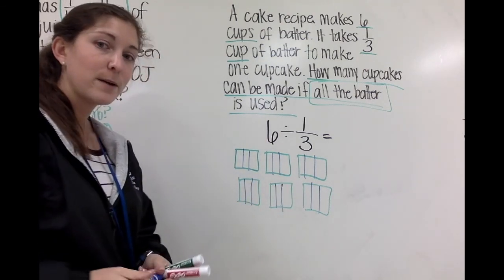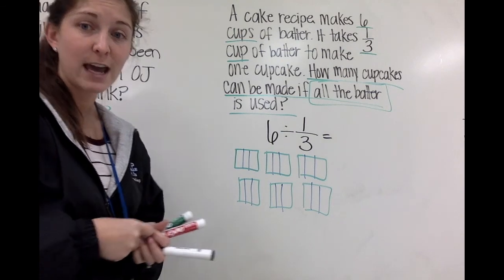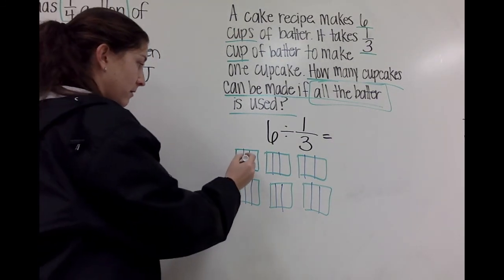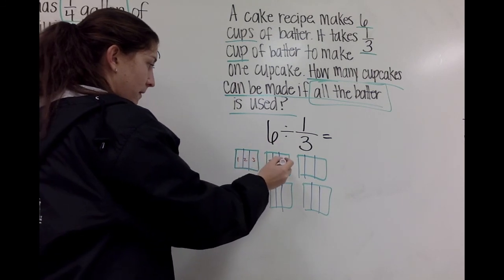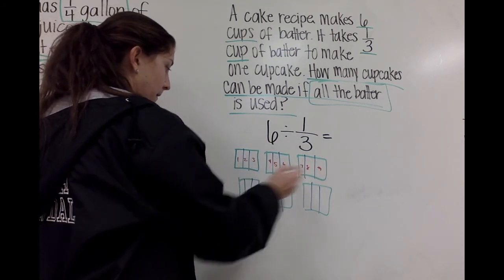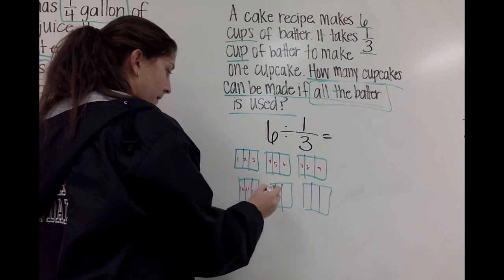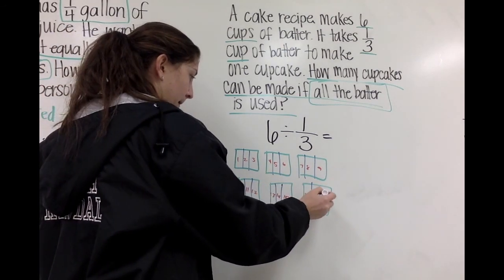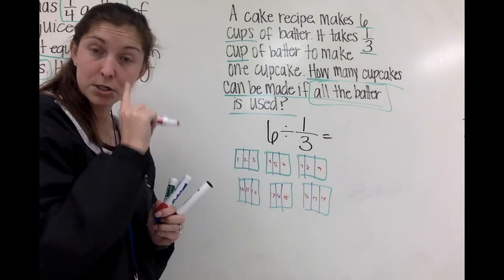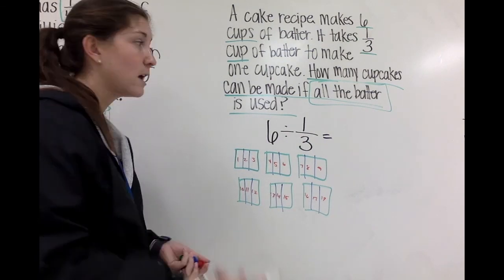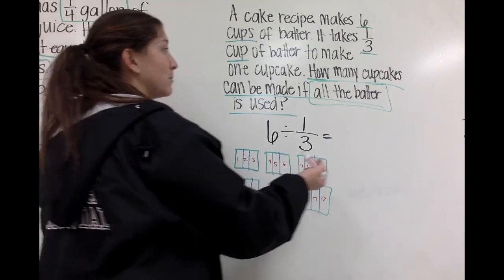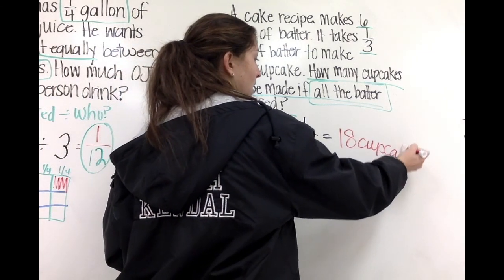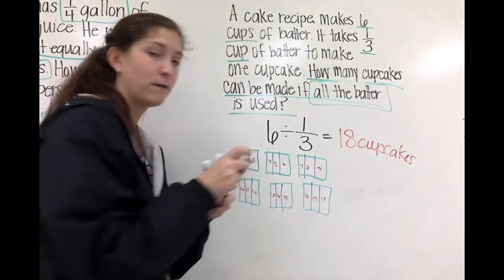And in order to find my answer, all I have to do is just count the number of pieces that I have. So therefore, I counted a total number of 18 pieces. Therefore, I would be able to make 18 cupcakes using all 6 cups of the batter.